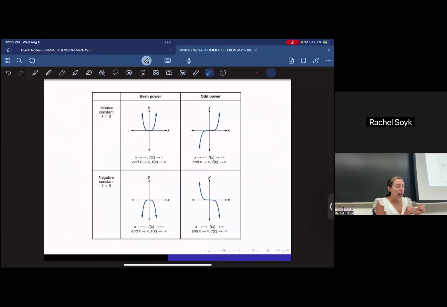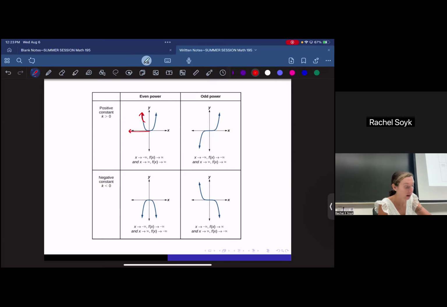And so anytime you're dealing with even power or even degree polynomials that have a k value that's positive, again, the easiest example you want to look at is x squared. Have this U-shaped parabola, and then from there, it's very straightforward to identify what your end behaviors are. You just look at your graph, and as x approaches negative infinity, what's happening to your y values?